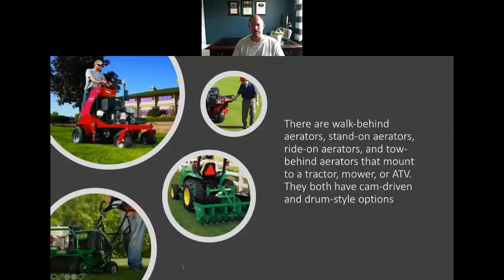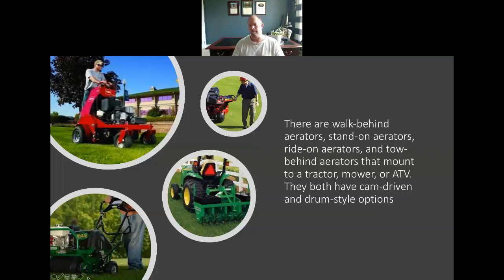There's a myriad of different ways it can be done. There are walk behind aerators, stand on aerators, ride on aerators, and tow behind aerators that mount to tractors, mowers, ATVs, and they can come in either a cam-driven or drum style.